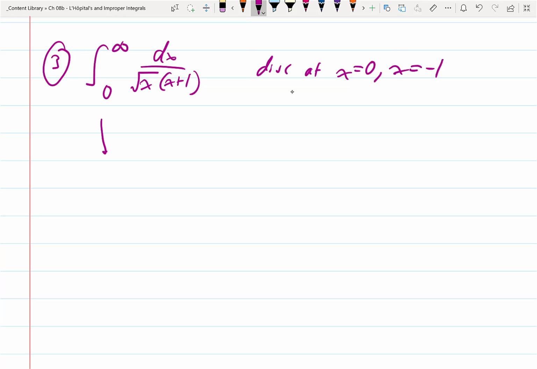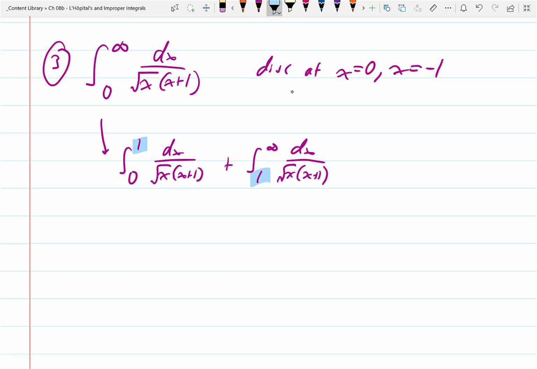Basically, take this and split it into the integral from 0 to, pick a number. Yeah, I'm going to go 1, plus the integral from 1 to infinity of dx over root x times x plus 1. So you get to pick the 1, whatever number you want. There will be times where that number might conveniently be an e or something that makes numbers happen a little bit nicer, but here it clearly should just be a 1.